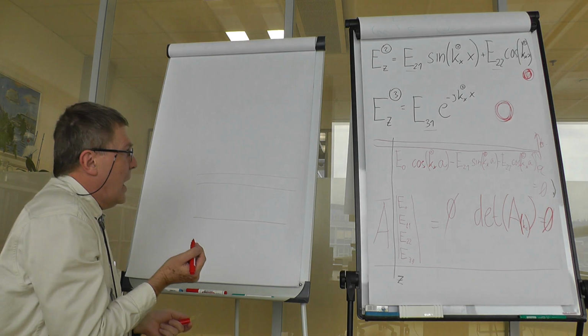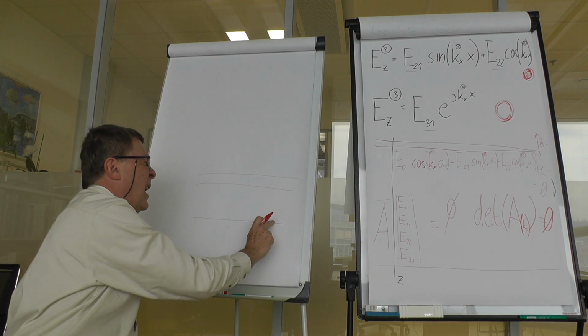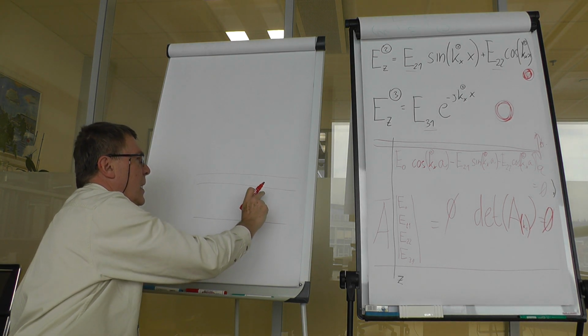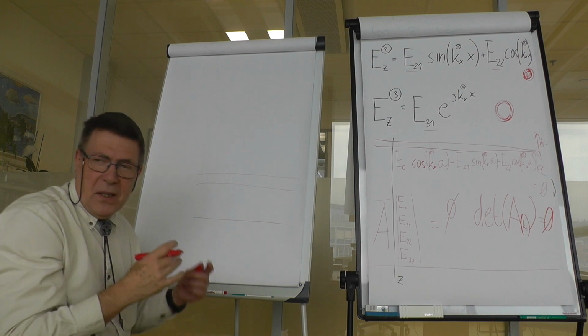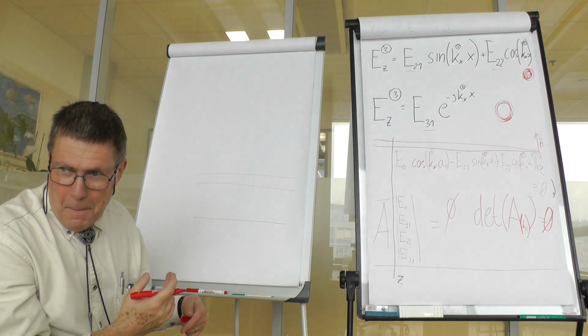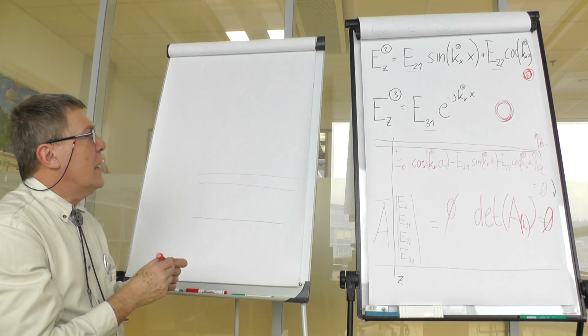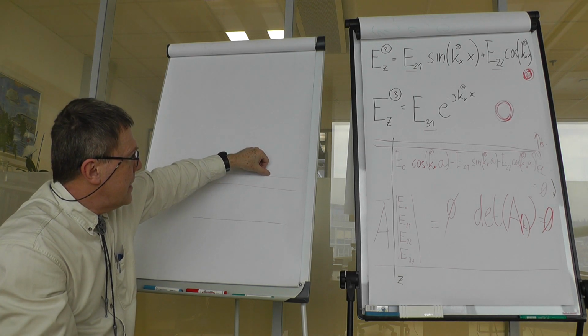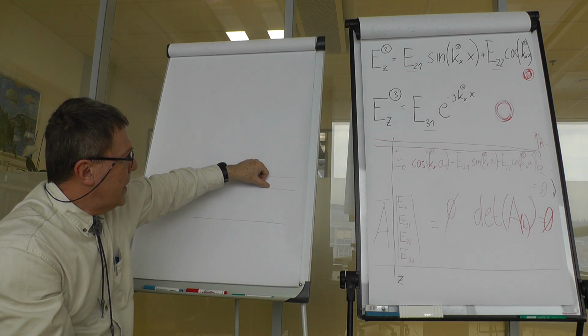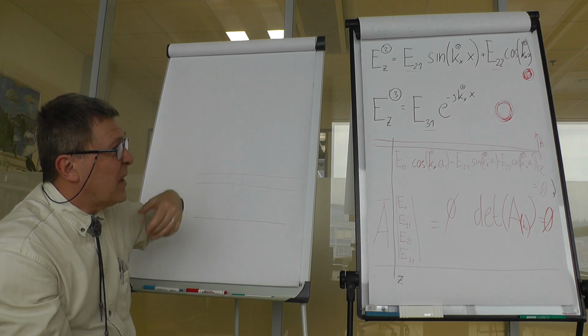And now this part is lossless. This part is quite lossy, but not an ideal conductor. Now in this case, the attenuation within this part of the structure would be quite big.